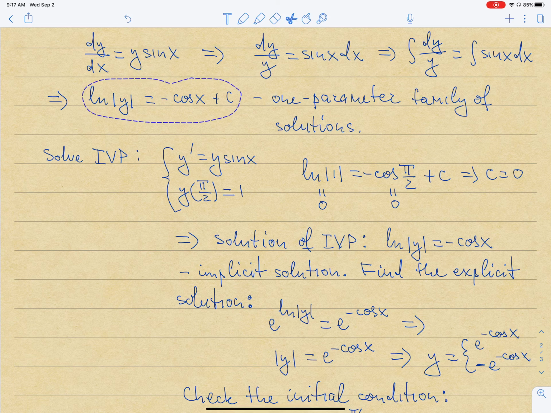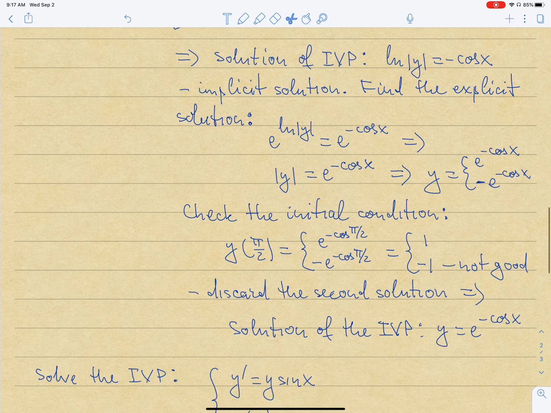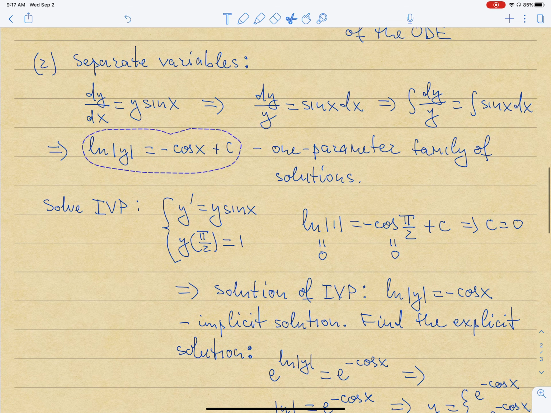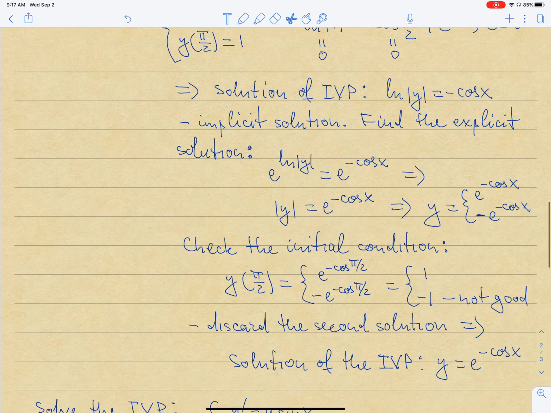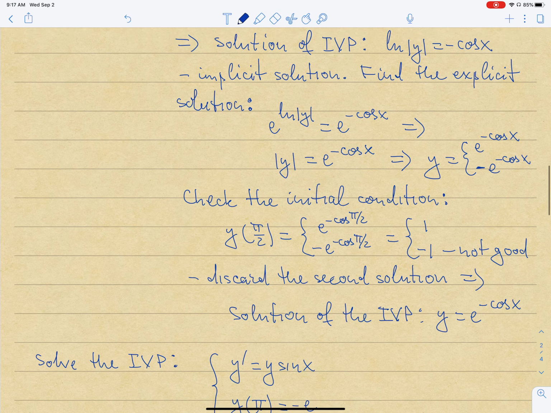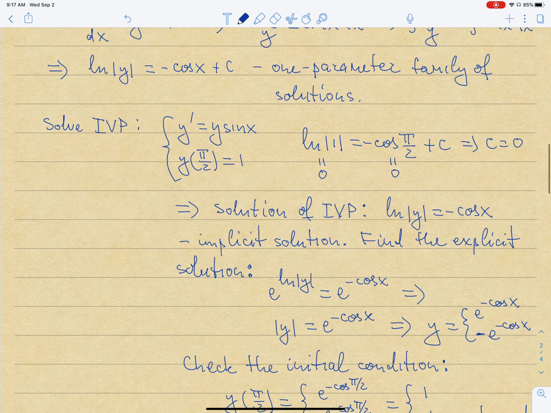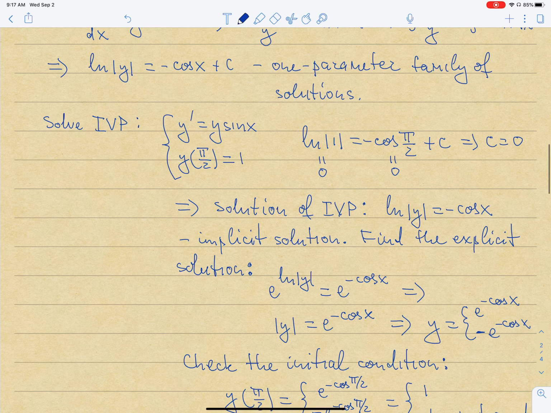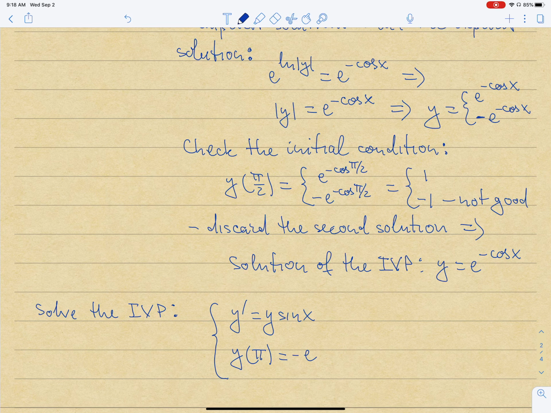So substituting x equal to pi and y equal to minus e into this circled equation, I'm going to get the natural log of absolute value of minus e, that should be equal to minus cosine of pi plus c. Let's double check. y of pi, so ln of y, yeah.